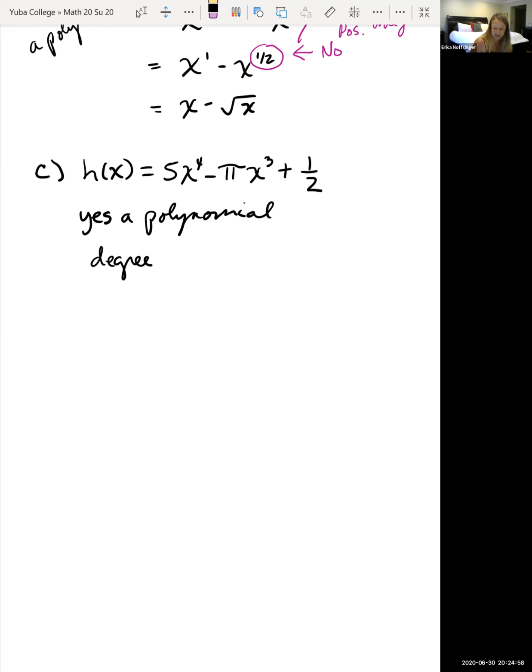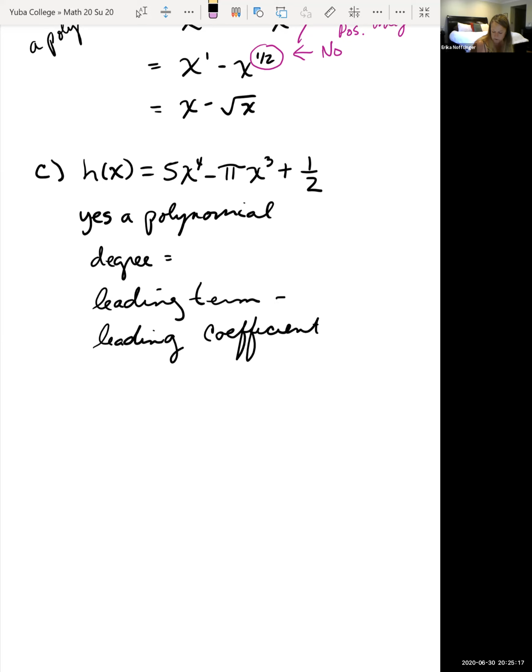You should be able to identify the degree, the leading term, the leading coefficient, and the constant.